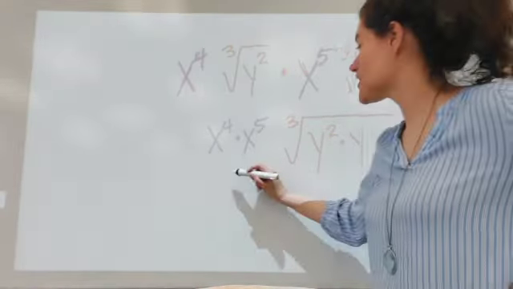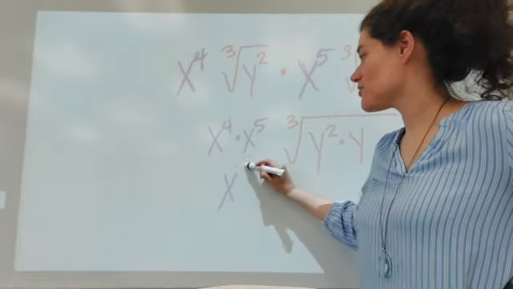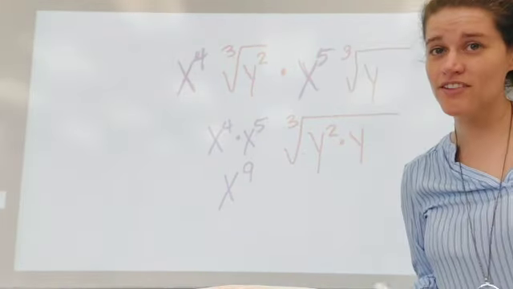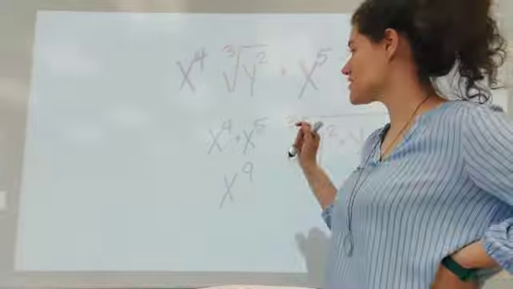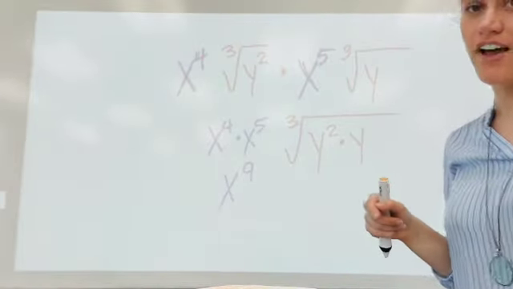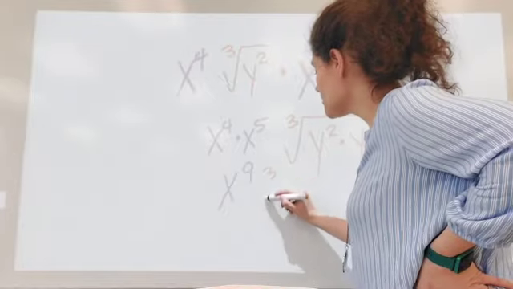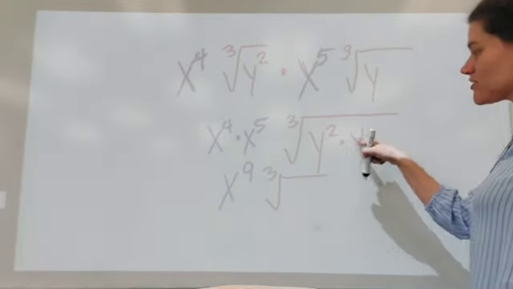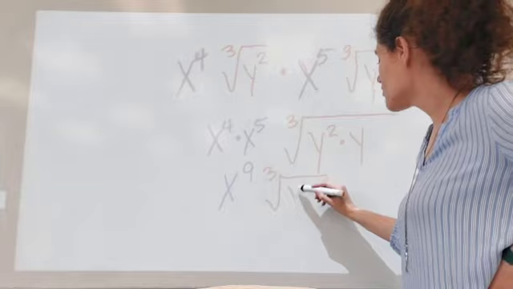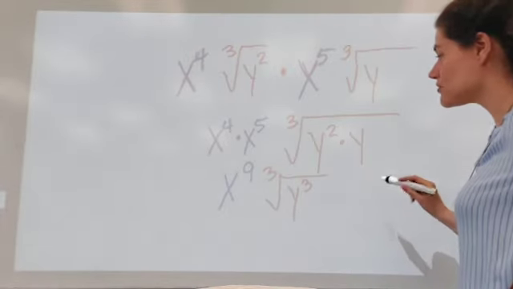That's going to give me x to the 9th, that you remember from your exponent rules, that you would just add the 4 and the 5 together. And then the cube root of y squared times y will be y cubed.